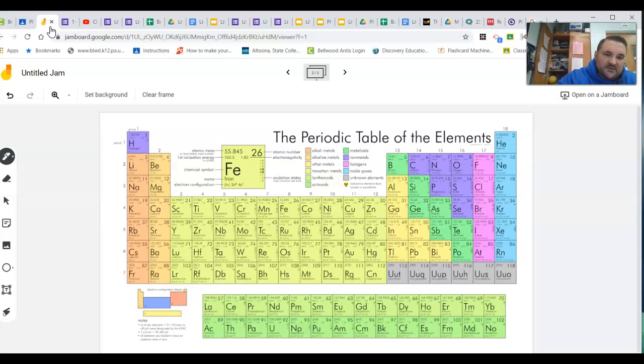You can say that as you go down, the size increases. As you go left to right, the size decreases.